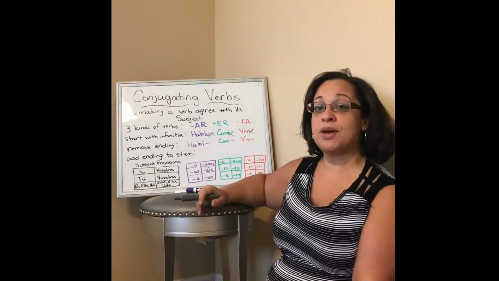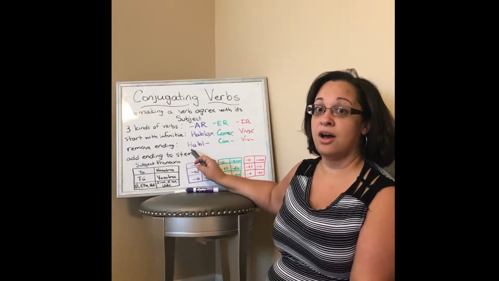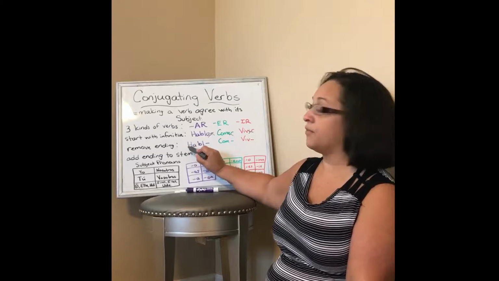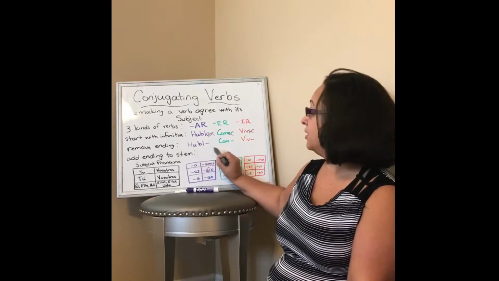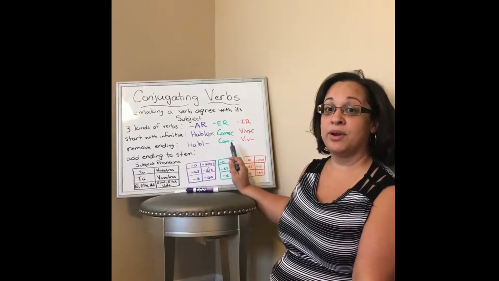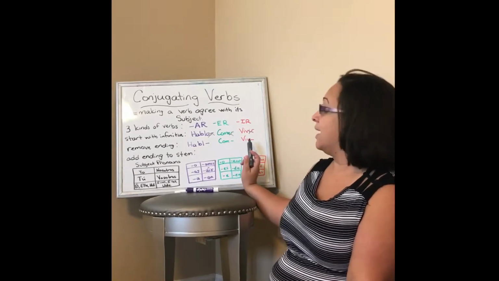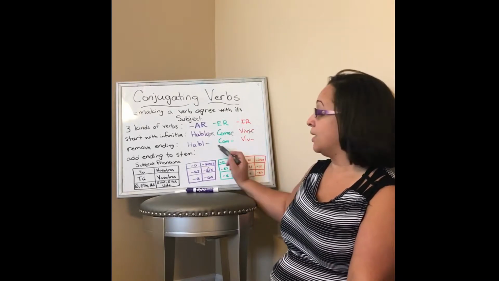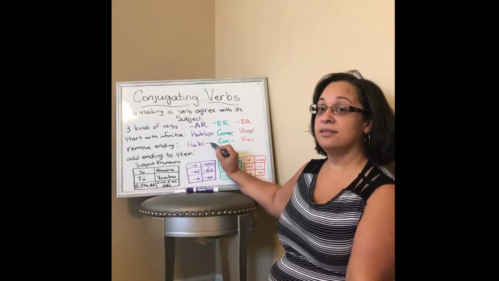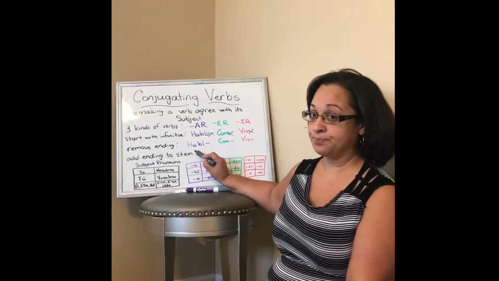And what we're left with is what's called the stem of the verb. For hablar, we're left with HABL. For comer, we're left with COM. And for vivir, we're left with VIV. So again, we drop that ending, and we're left with what's called the stem of the verb.